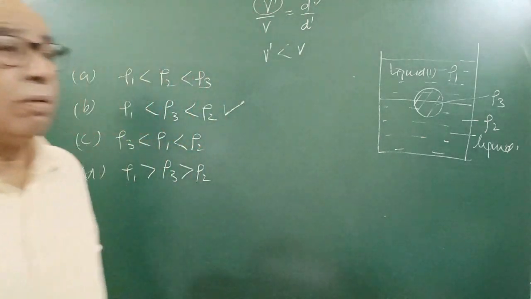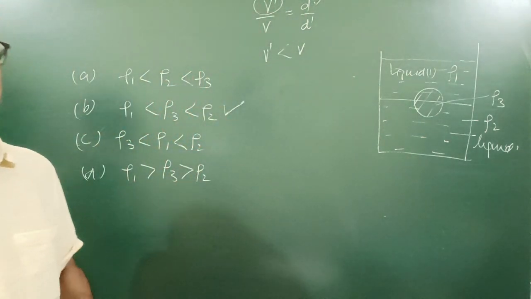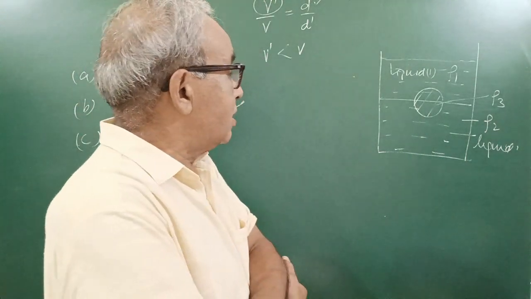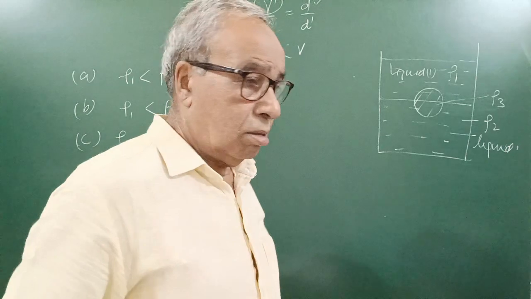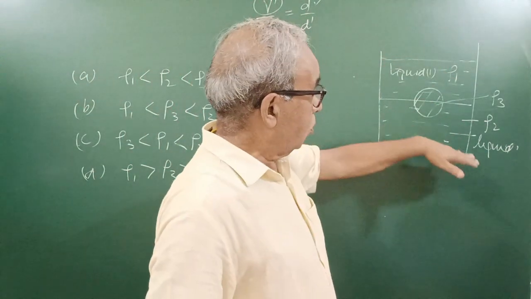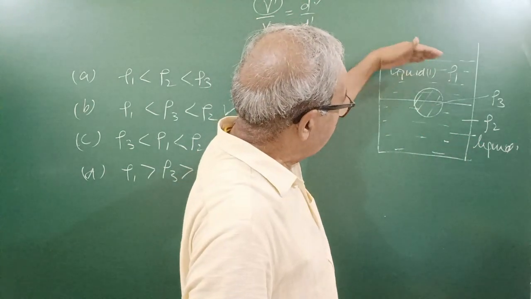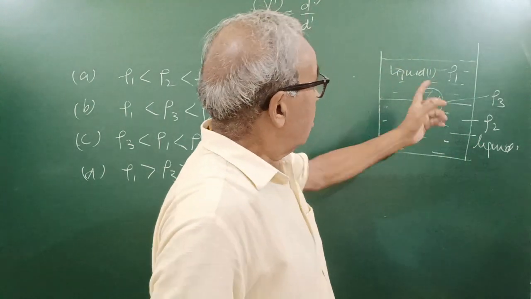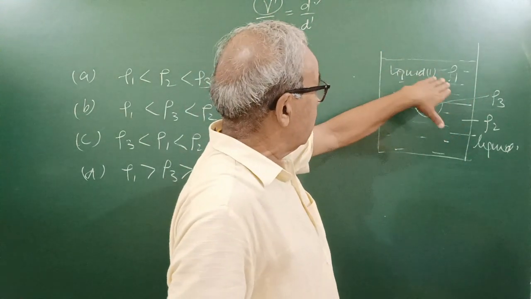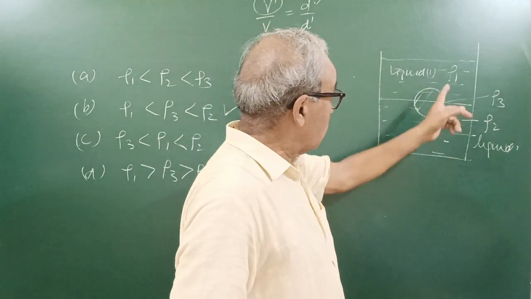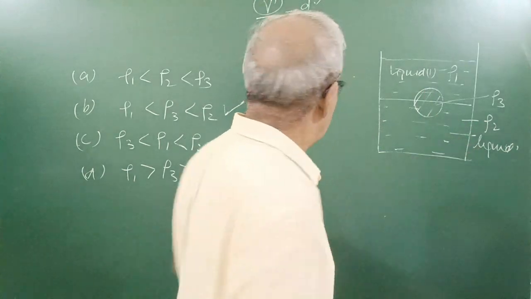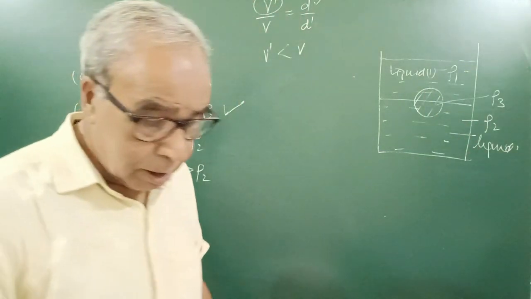Any body or any liquid floats over a liquid when its density is less than that in which it is floating. So because liquid 1 is above liquid 2, the density of liquid 1 is less than rho 2. Rho 3 is the density of the body. It is totally inside liquid 1 of density rho 1. So rho 1 is less than rho 2, rho 3 is less than rho 2. I think it is clear now.